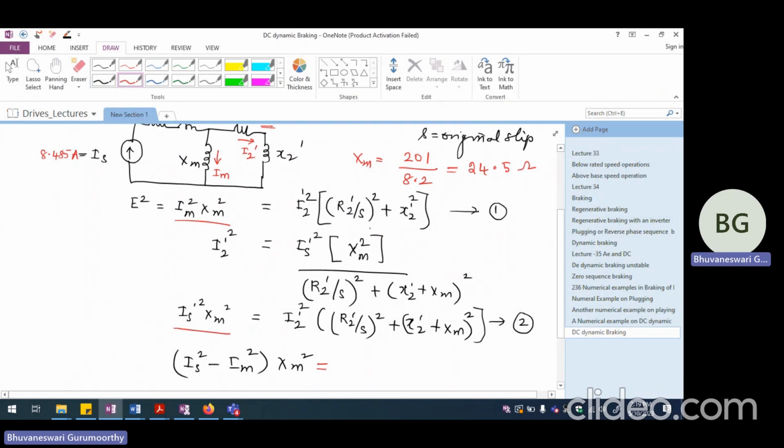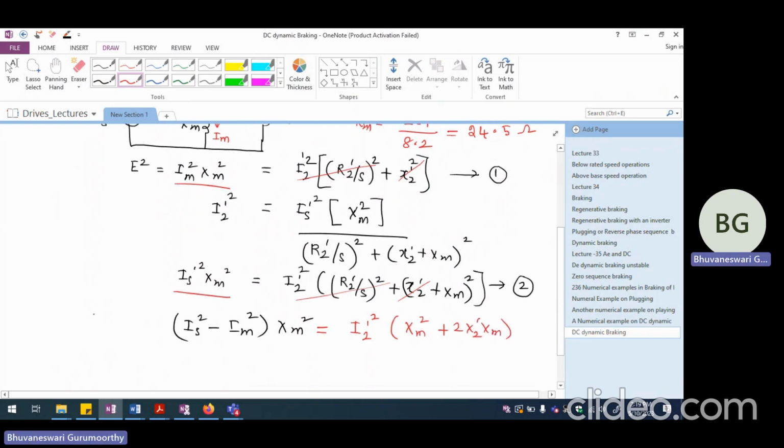So if I compare 1 and 2, this portion will be cancelled out with this portion, and this X2 dash square will be cancelled out with this portion. So I should be able to write this as I2 dash square multiplied by XM square plus 2 X2 dash XM. Okay, so this is essentially when I subtract 2 minus 1.